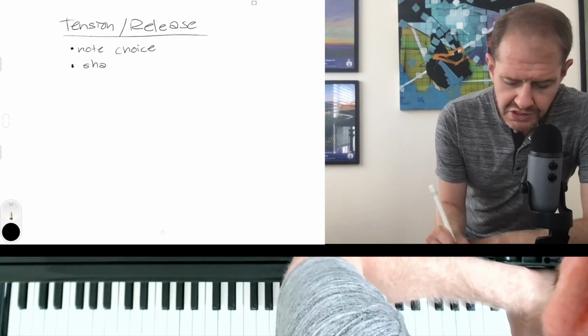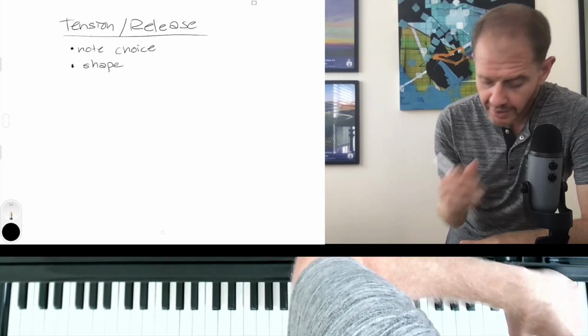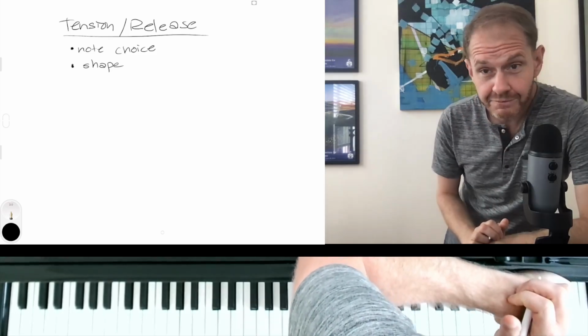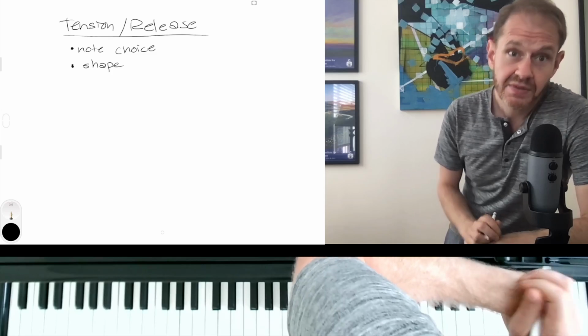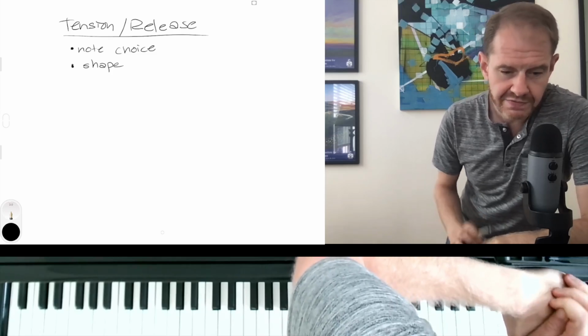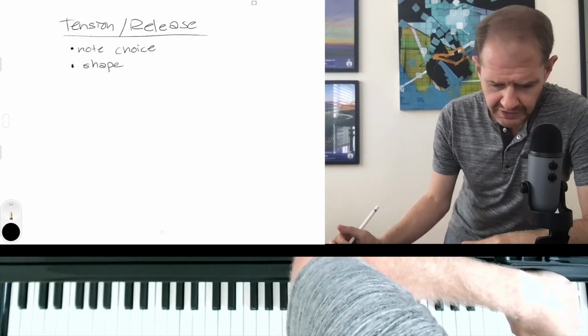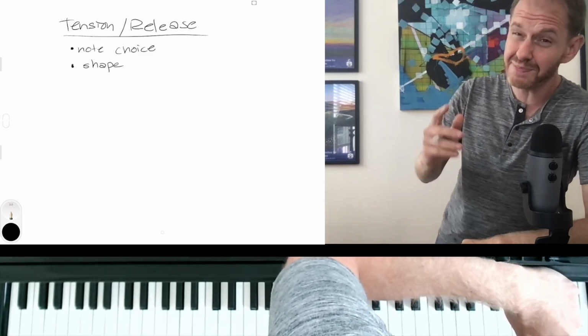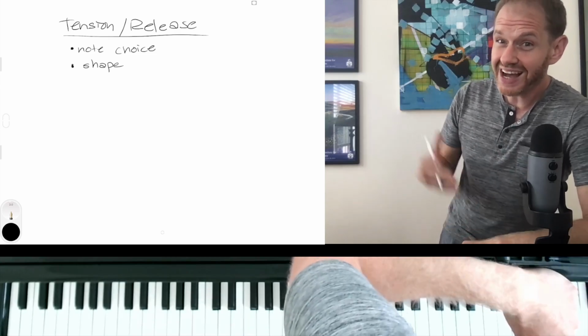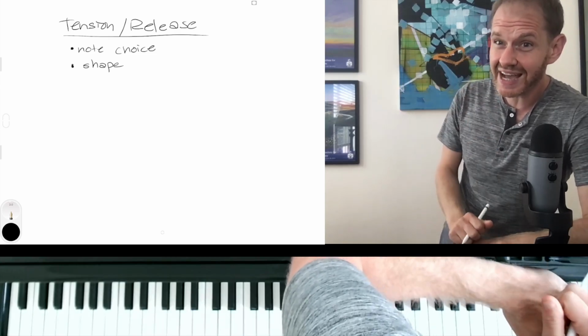Another factor is shape. And simply, higher notes are perceived as more tense, and lower notes are perceived as more of a release. Okay, we can think about this in terms of speech, that if I want to ask you a question, I want to go up so that it is left uncertain, and I say, how are you? Instead of, how are you?